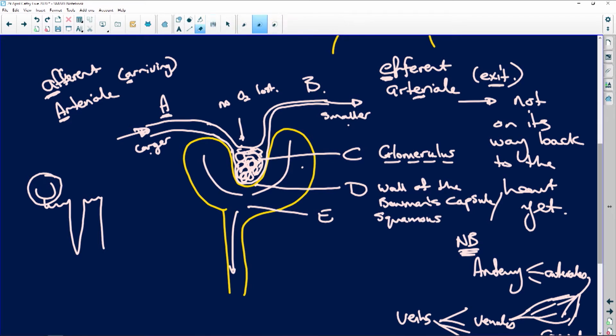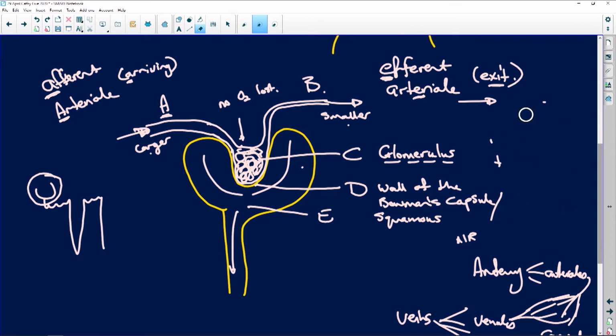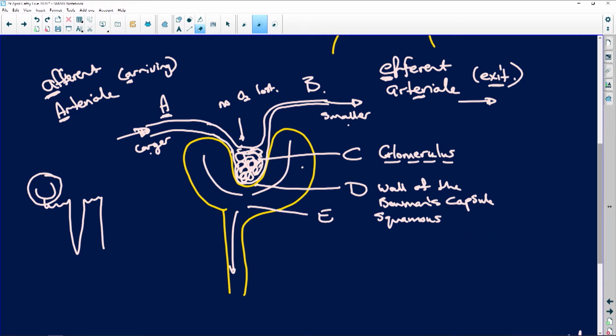So this is either the wall of the Bowman's capsule, or it can be the squamous epithelium, which is what the wall of the Bowman's capsule is made of, with very special little structures called podocytes.